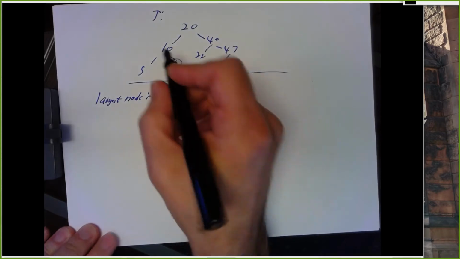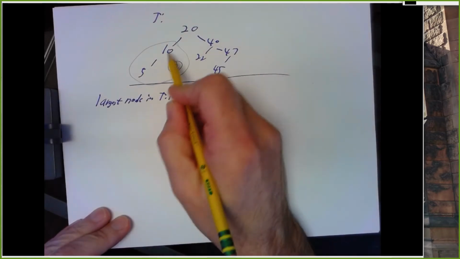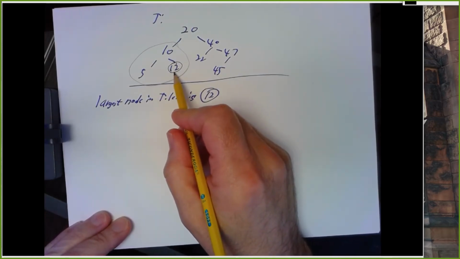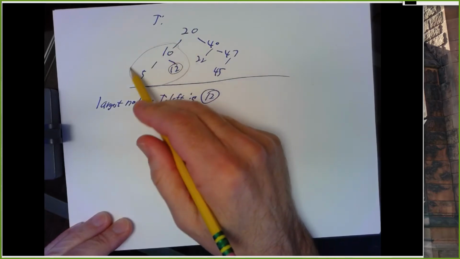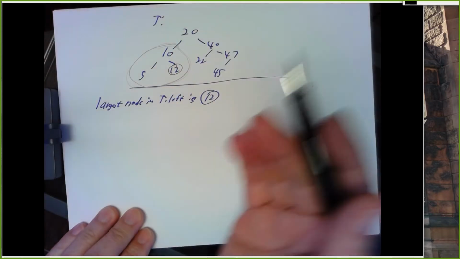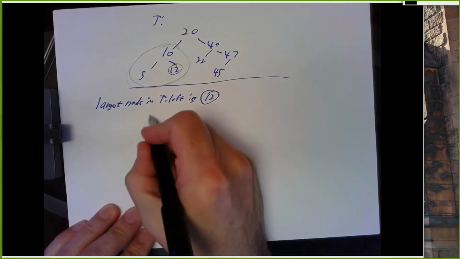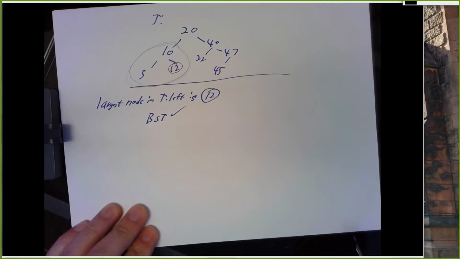If 12 is the largest node in this subtree, it means everything in this subtree other than 12 is less than 12. So if we move 12 up to the root and we put everything else to the left of that, we're still satisfying the BST property, that everything to the left of the new root is going to be less than it. So that will preserve the fact that this is a binary search tree.